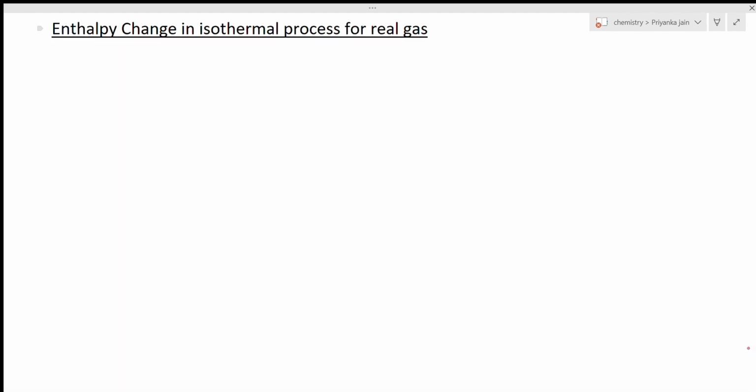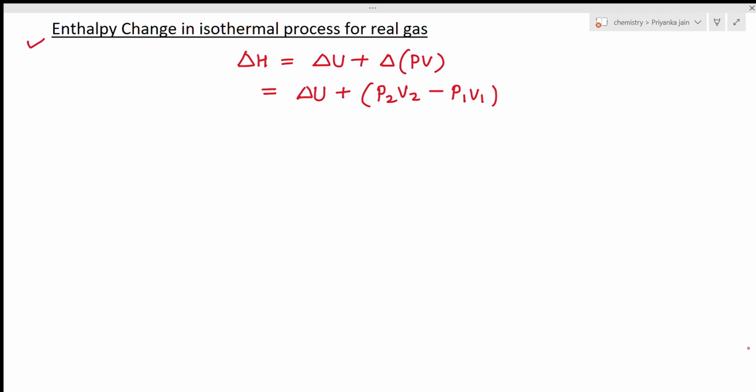Now the next thing is the enthalpy change in the isothermal process for the real gas. We know enthalpy change is given by ΔH = ΔU + Δ(PV). This will be equal to ΔU + P2V2 − P1V1. So ΔH = a n² (1/V1 − 1/V2) + P2V2 − P1V1.